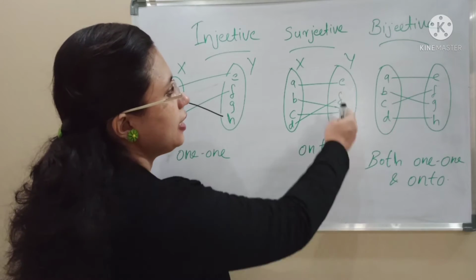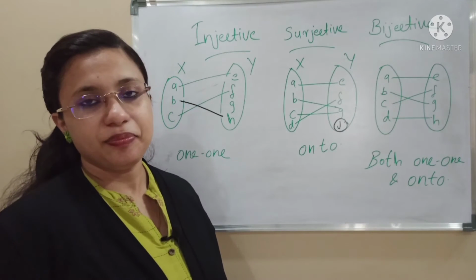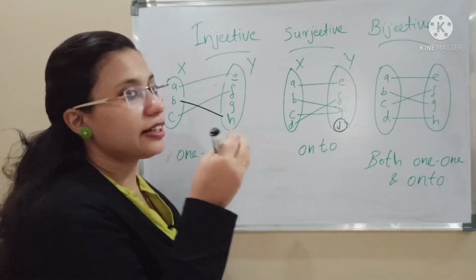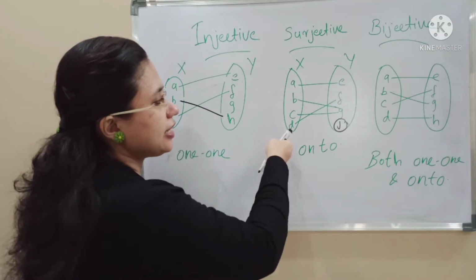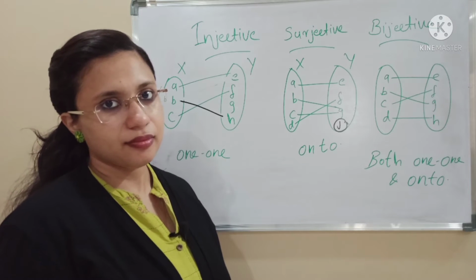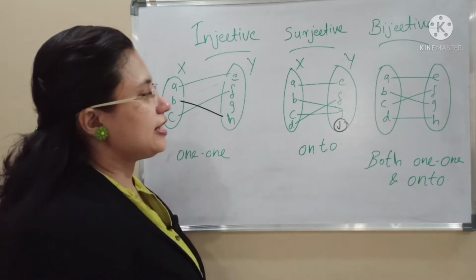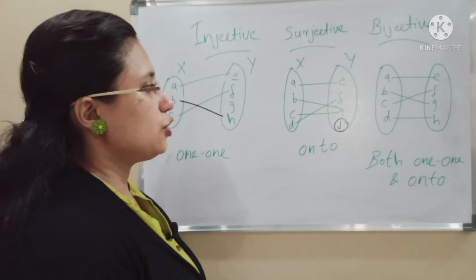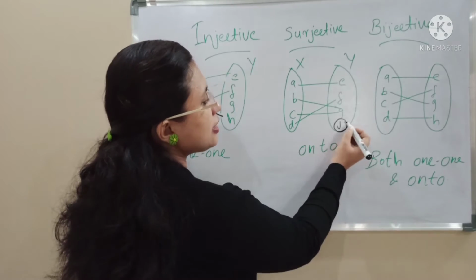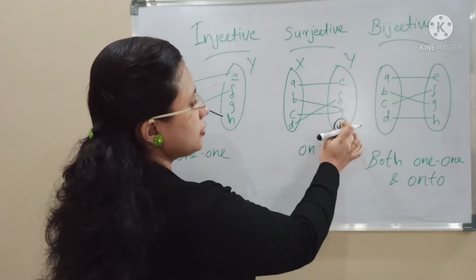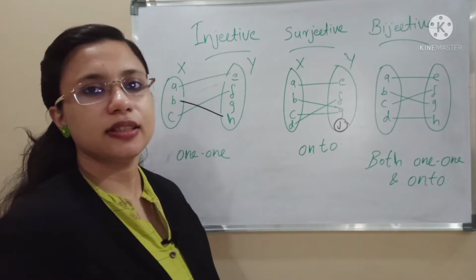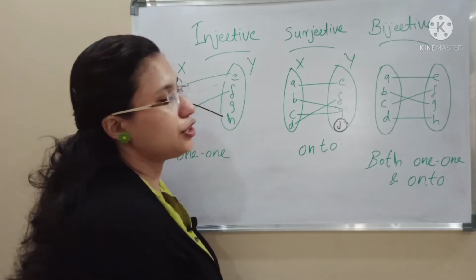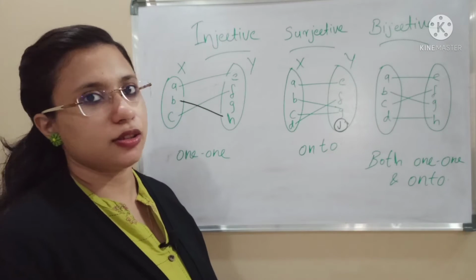Why? Because for every element in Y, there should be a related element in set X. Then only we can say it is an onto or surjective function. So if a free element exists in Y, it has no relation with set X, so definitely this won't satisfy the condition of onto or surjective.